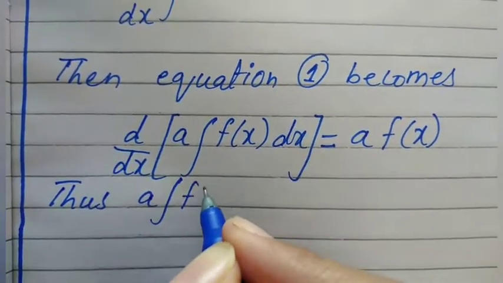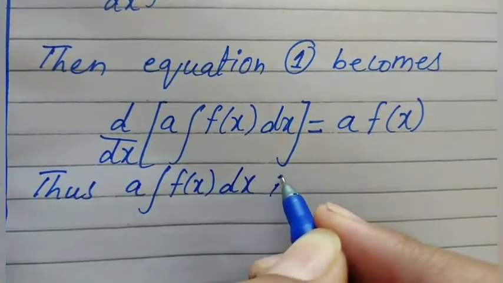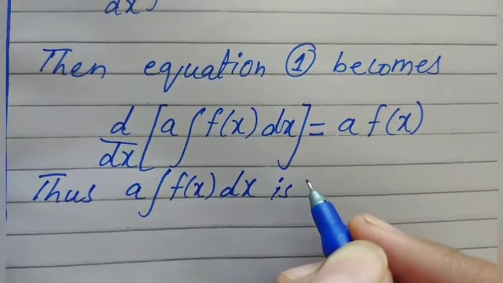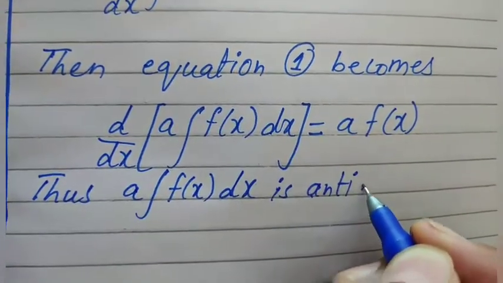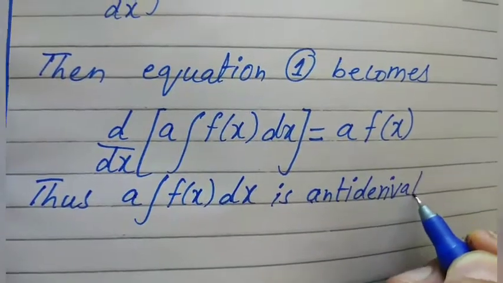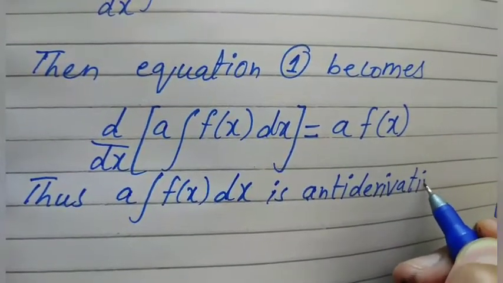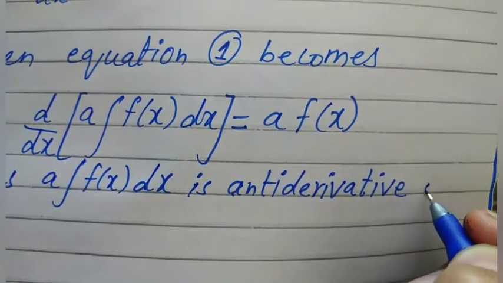Thus we can say that the product of the constant and the integral of function f of x is an antiderivative of the function a f of x, that is given on the left hand side of the theorem.